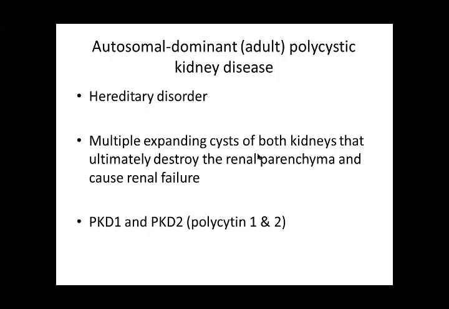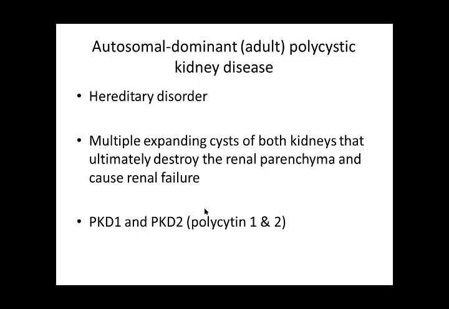It destroys the parenchyma, which means these multiple expanding cysts are located in the cortex of the kidney, and they eventually destroy the renal parenchyma. If the cortex is destroyed, the functional unit of the kidney is destroyed, then what is the result? The result is renal failure.